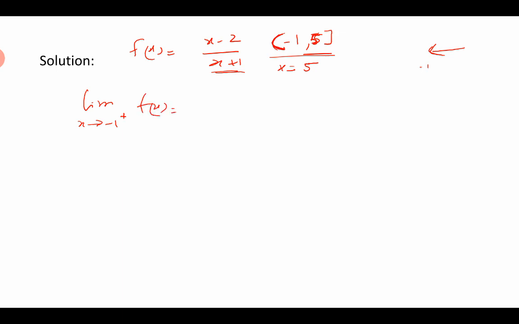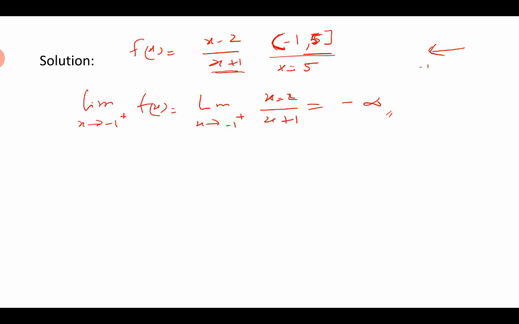F of x will be limit x approaches -1 from the positive direction, x minus 2 divided by x plus 1. There will be infinity, but it's negative infinity. You check by using the tabular method. It is negative infinity, isn't it? So there is no absolute minimum.